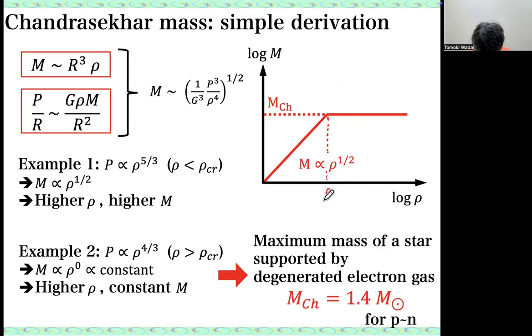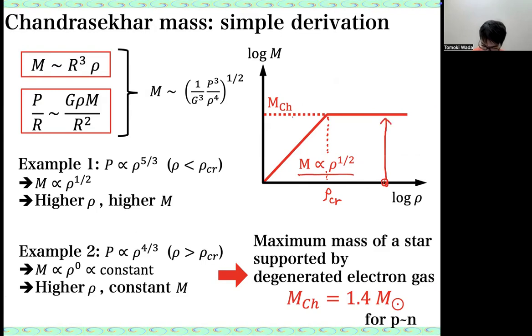And here it's rho CR. For density lower than rho CR, the mass is proportional to rho to the power of 1/2. But above this rho CR, for example, when we consider density at this value, then mass is constant.